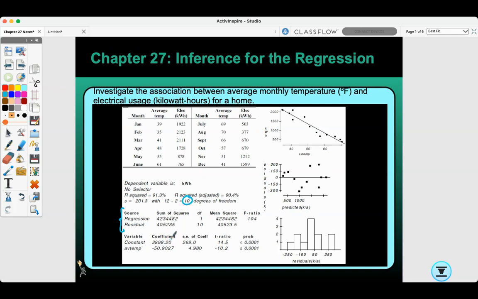Here, this constant coefficient is B0, your y-intercept. This average temperature is B1, your slope.